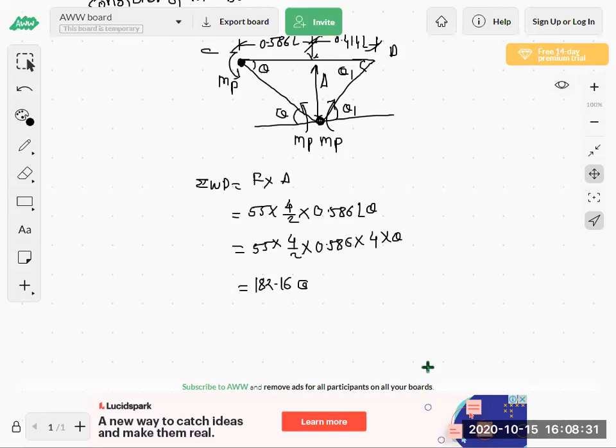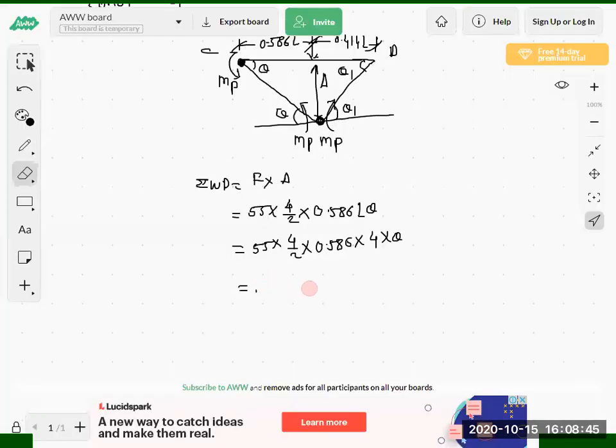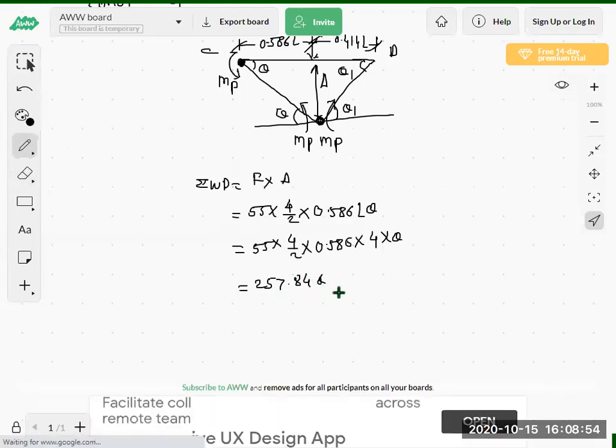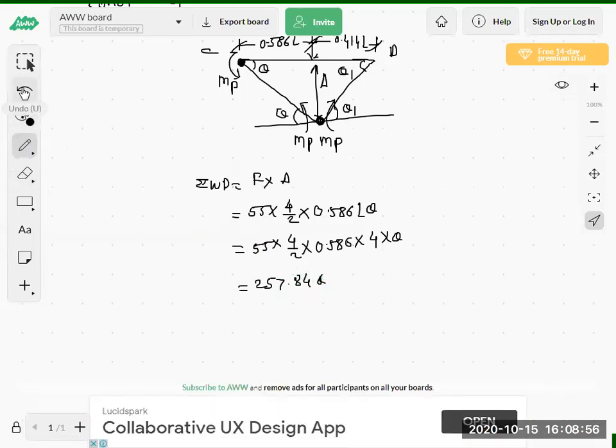Both have given me the same answer and your answer is 182. Please check your answer. 257.84 is I think the correct answer because many students have given me this answer. 257.84 theta. Sadiq, check your answer. Please do the calculations properly.